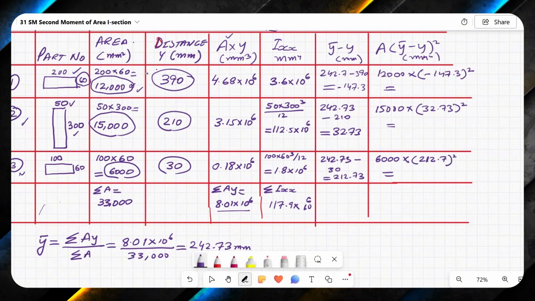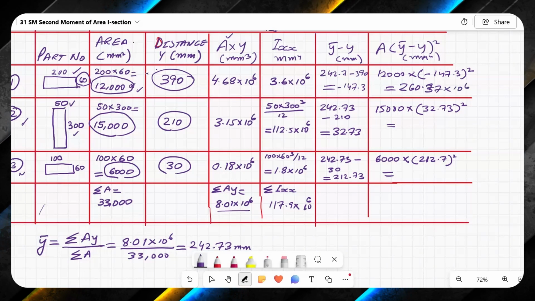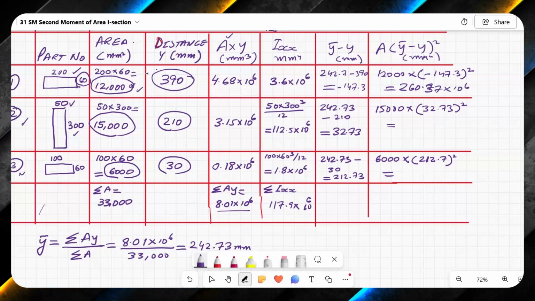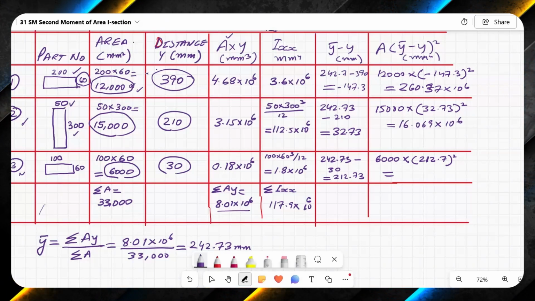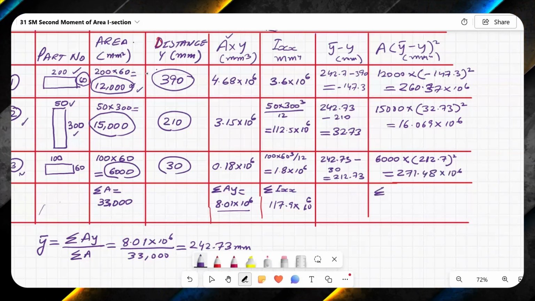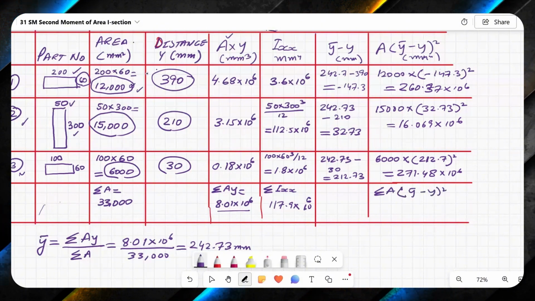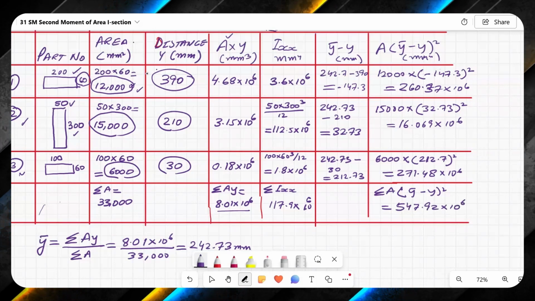I'm getting 260.37 into 10 raised 6. And for second one, I'm getting 16.069. And finally, I'm getting 271.48. And when you sum this up, this is the sum of A times y bar minus y square, 547.92 into 10 raised 6.